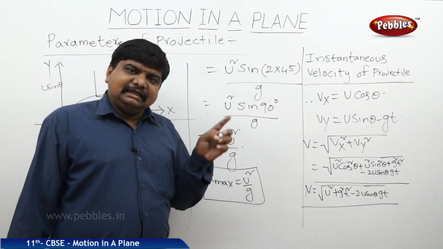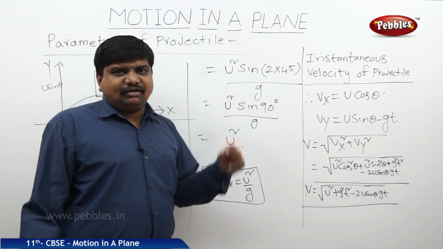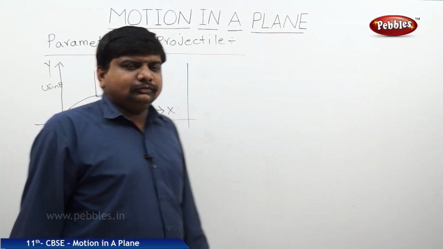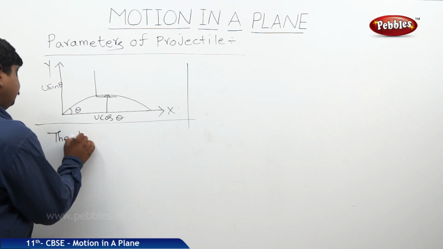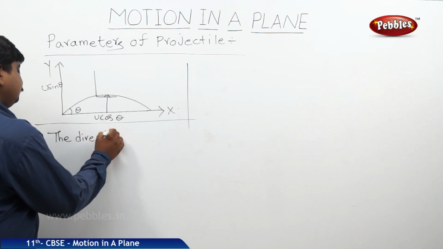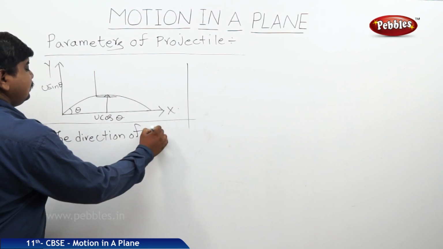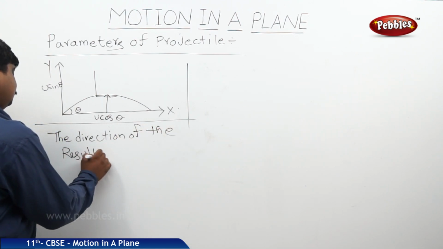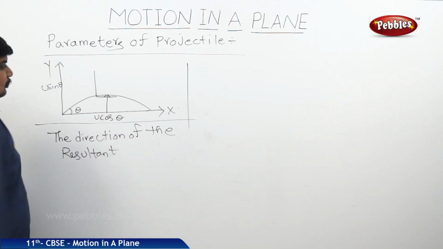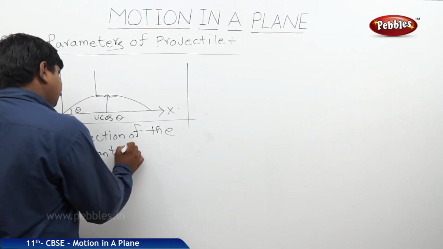What is the direction of the resultant velocity of a projectile? We will see now. The next one is the direction of the resultant vector of the projectile.